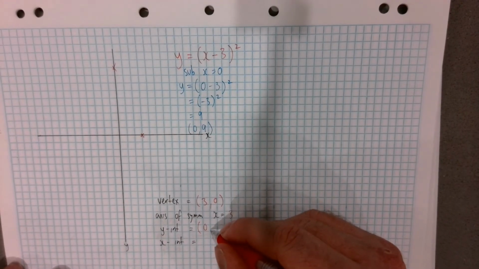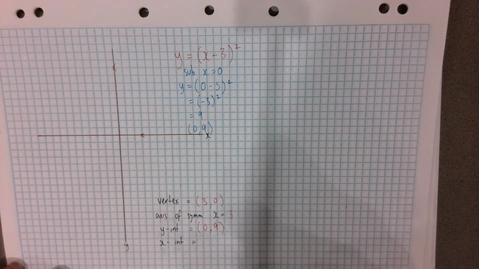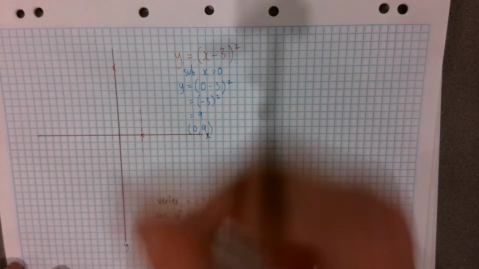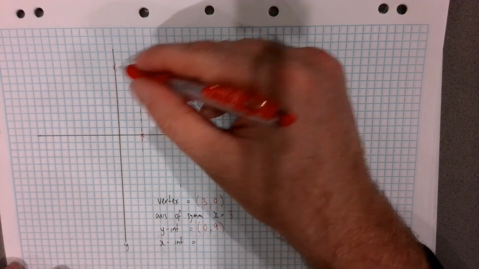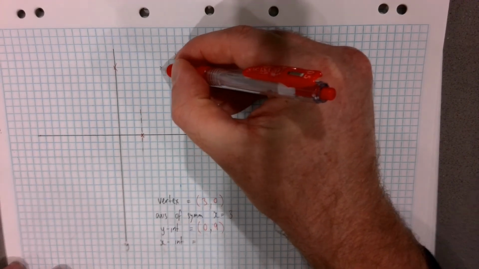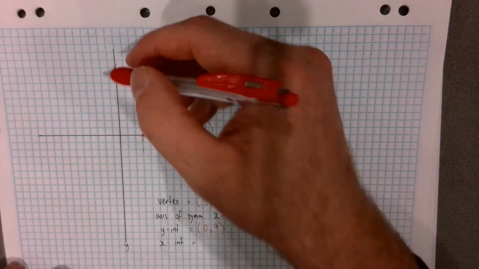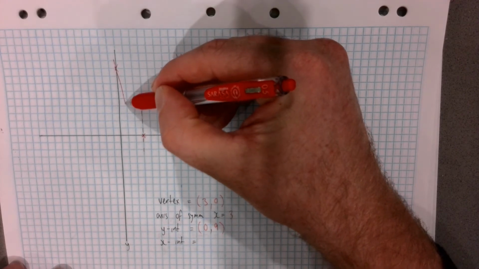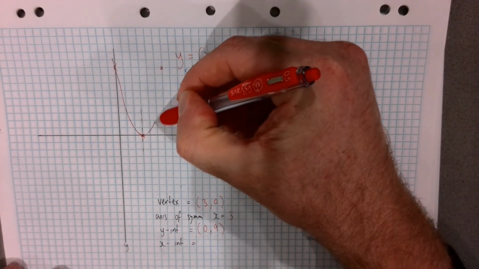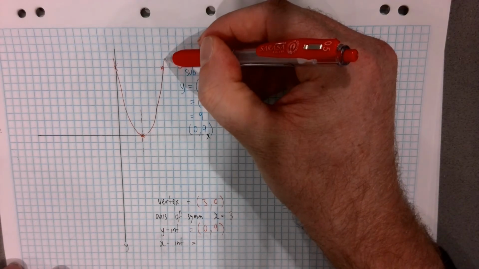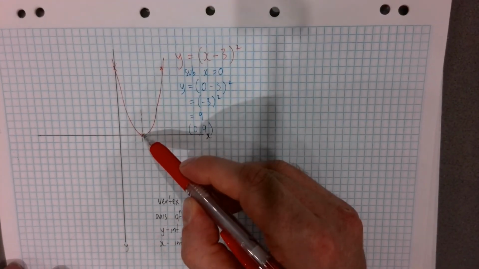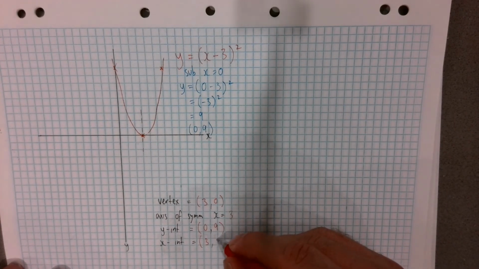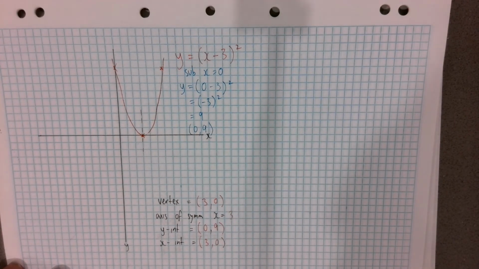Y-intercept 0, 9. Again, this is my axis of symmetry, positive 3. Either side of that, 1, 2, 3 units to the left, 1, 2, 3 units to the right would be another point. So knowing those 3 points, I can go ahead and sketch my parabola like so. And this time it is crossing the x-intercept at positive 3, 0, same as the vertex.